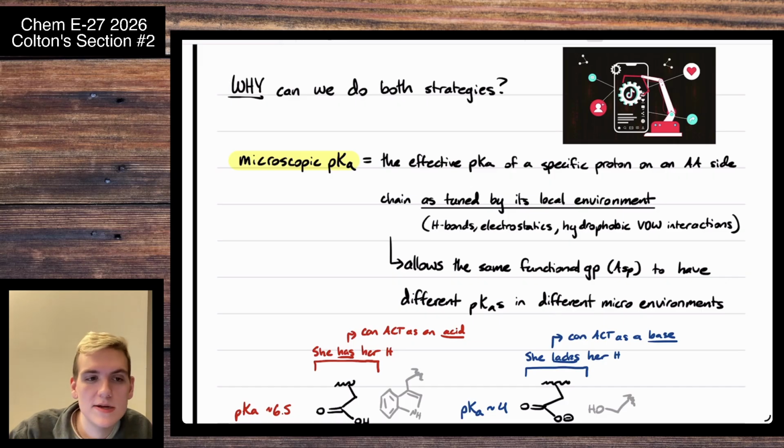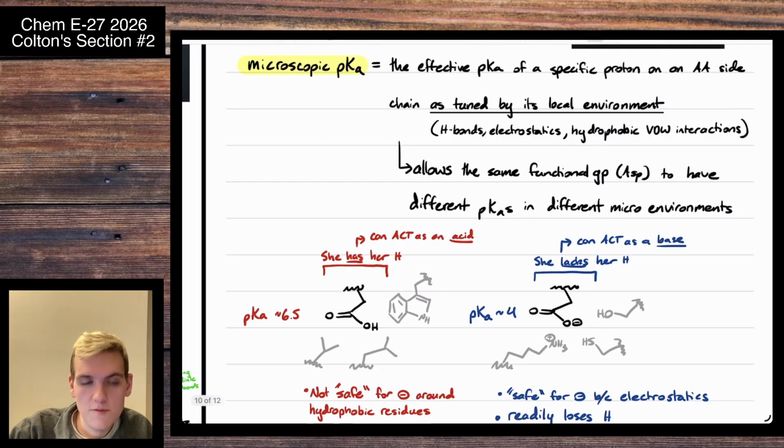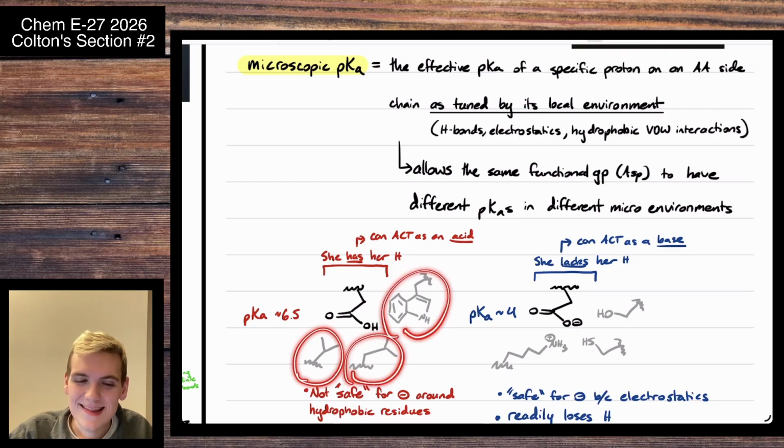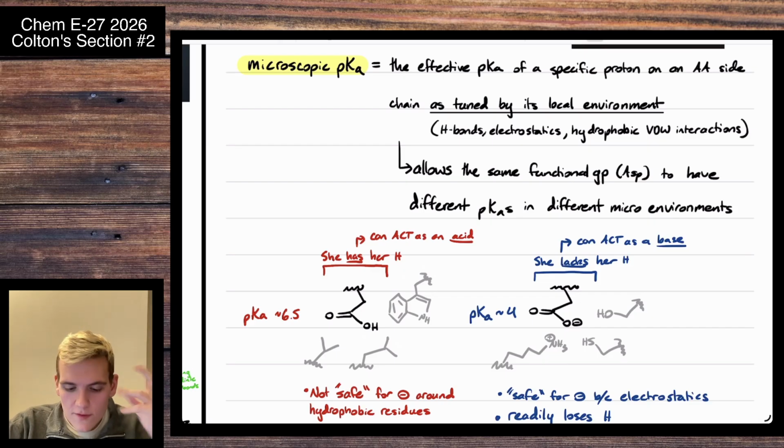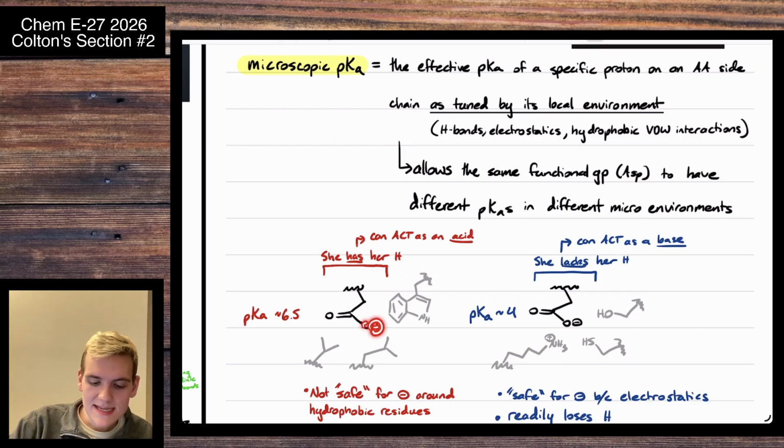So, for example, and this is what we saw in one of the questions from lecture, if our carboxylic acid is surrounded by a bunch of non-polar things, it's not really safe for it to be a negative charge. This negative charge doesn't have anything to hydrogen bond with and is not very stable when you're surrounded by non-polar things.